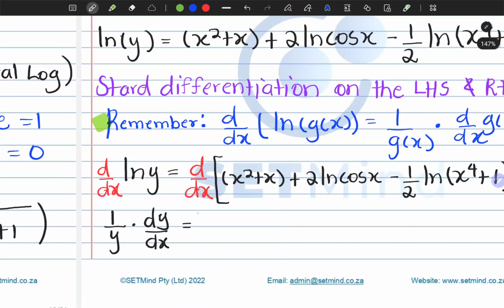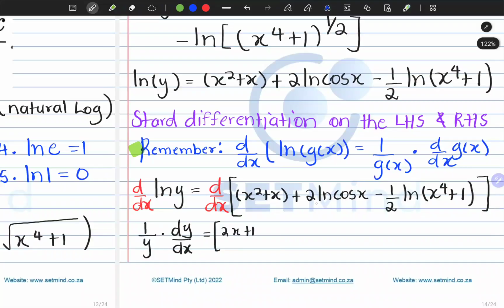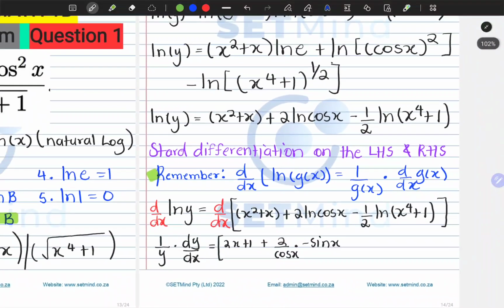And this will be equal to, let's open the bracket. When we find the derivative of x squared plus x, that should be 2x plus 1. And then when we find the derivative of that ln there, it will be 2 over cos of x. And then when we multiply by the derivative of cos, what we will get is negative sine x.